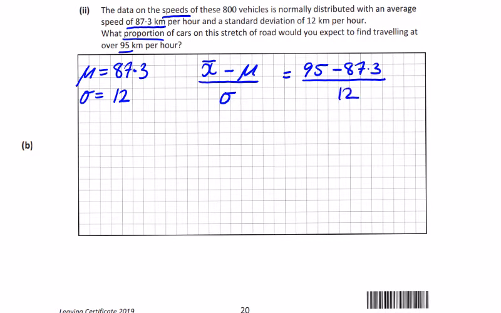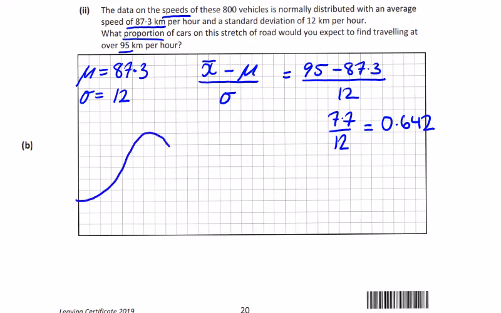So we're going to get on top 7.7 over 12. 7.7 over 12 is going to give me 0.64166 repeating. I'll round it off to 0.642. So that's our z-score. Our z-score is 0.642.